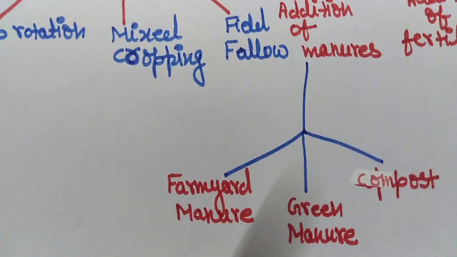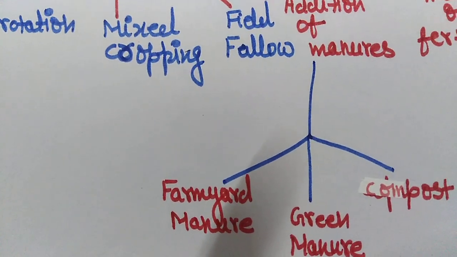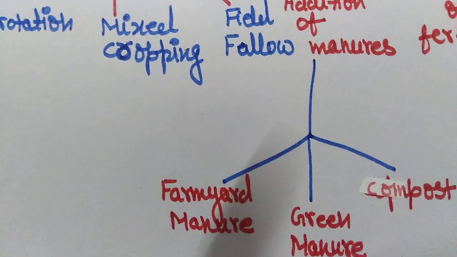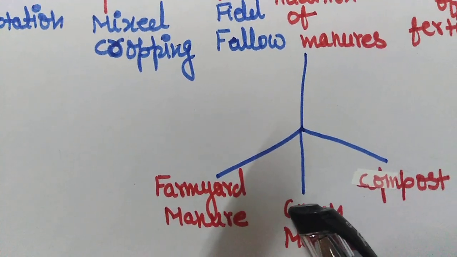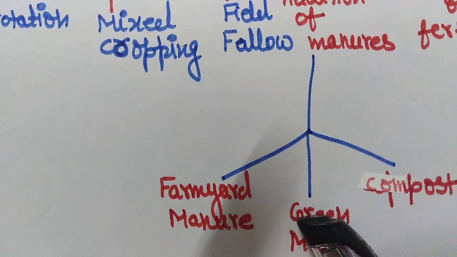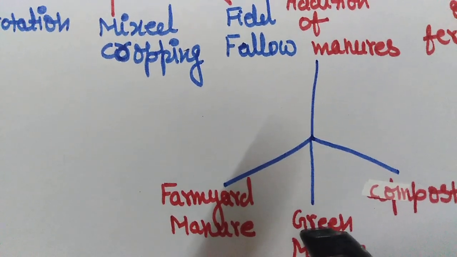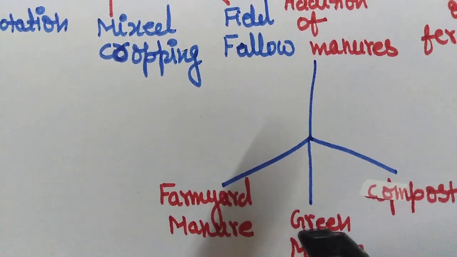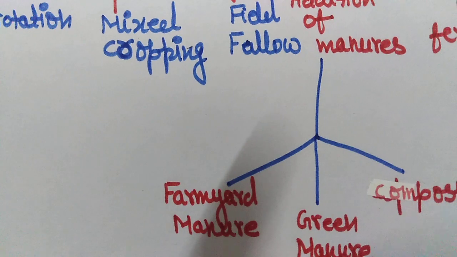The first one is farmyard manure. Farmyard manure is made of decomposed organic waste like cow dung and urine of farm animals, straw, grasses, etc. It is also known as brown manure.